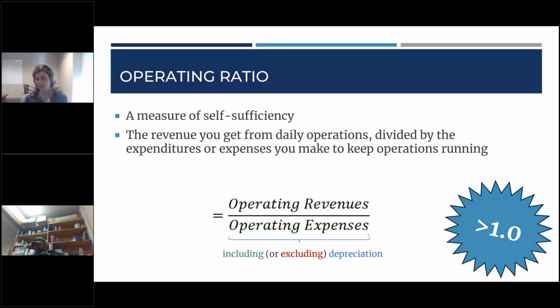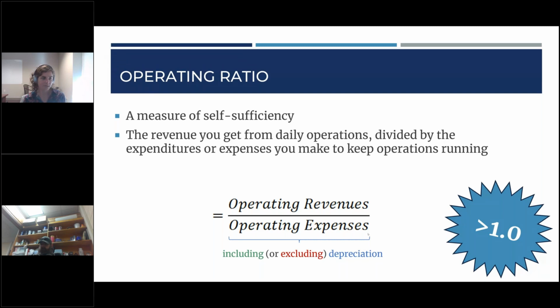If you're setting aside money to cover your future capital costs, then you're kind of putting yourself in a good position. Oftentimes utilities are just interested in seeing, okay, yes, with depreciation, but how are we doing day to day without that depreciation, without that capital expense? And so we often calculate both.